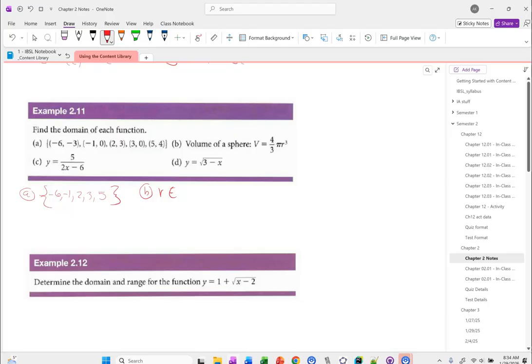Anything greater than 0. Remember the parenthesis means not included, so that's going to be the first number after 0. And as big a radius as you want, you can build a sphere, that's fine, right? We're going to assume that a point is not a sphere. Everybody agree with that? Radius 0 would be like a point. That's not a sphere.